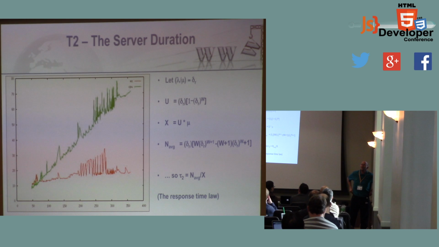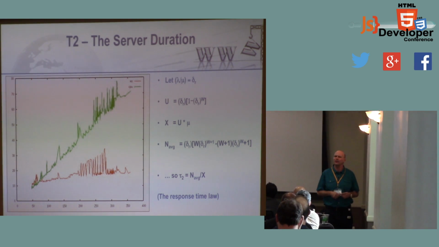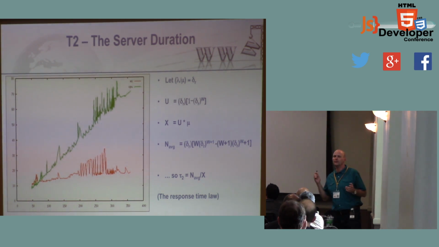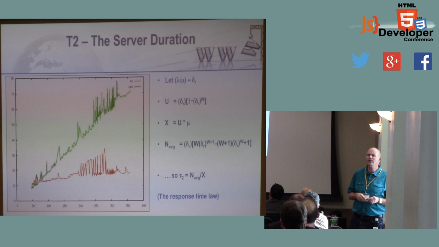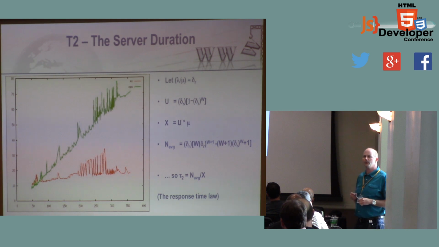Why isn't T2 constant? Why do we care about T2 at all? I mean, it's 0 for static files, and it should be a constant most of the time. So why do I even care? But I do, and it's the first thing anytime anybody says performance optimization, they run and hug the server. Does that make sense? So it does to a certain extent, but not as much as you would think.